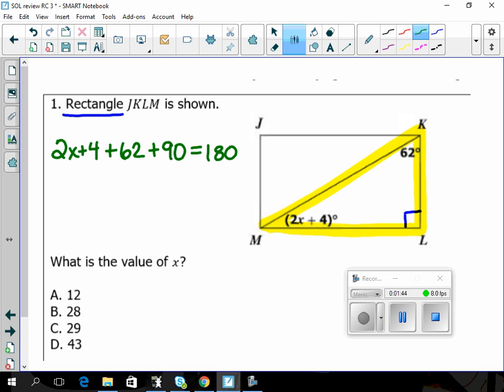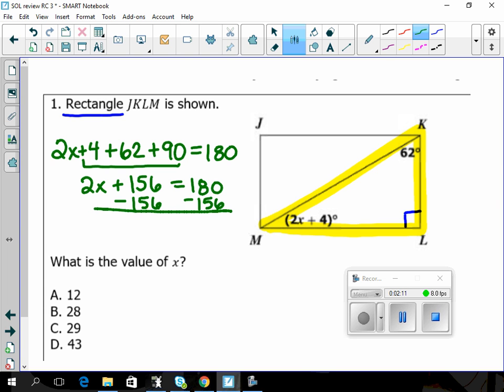So what I'd like for you to do at this point is to go ahead and combine all of our like terms. So we're going to add the 4, the 62, and the 90. And when we do that, we get 156. And then we're going to subtract 156 from both sides of the equation.